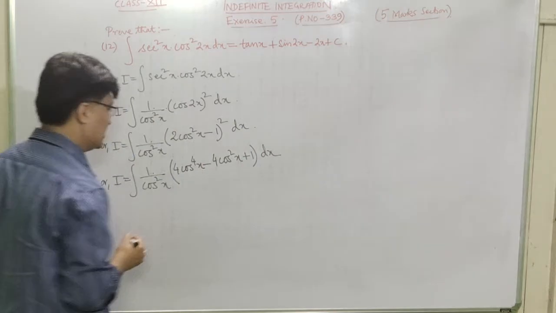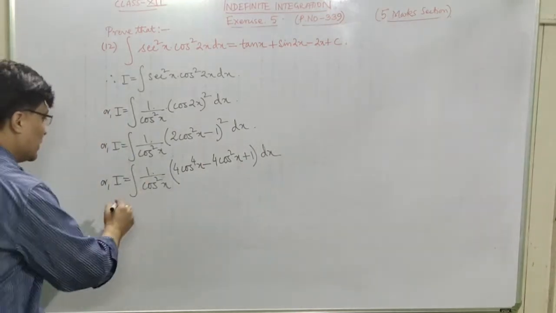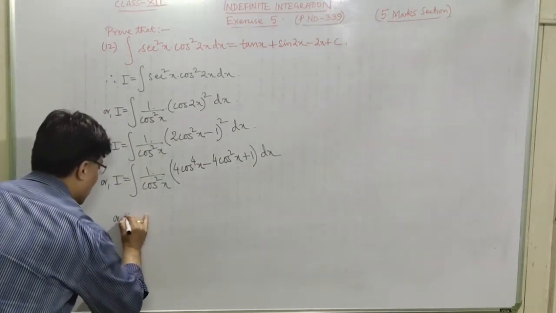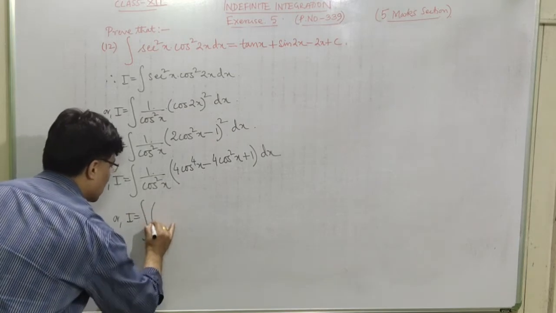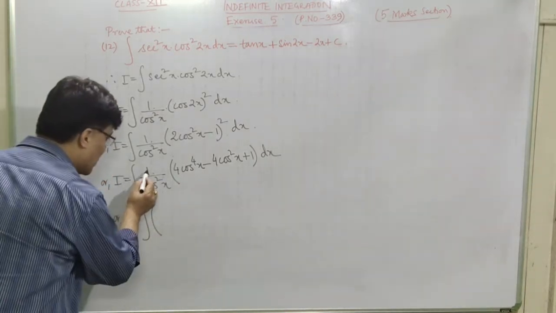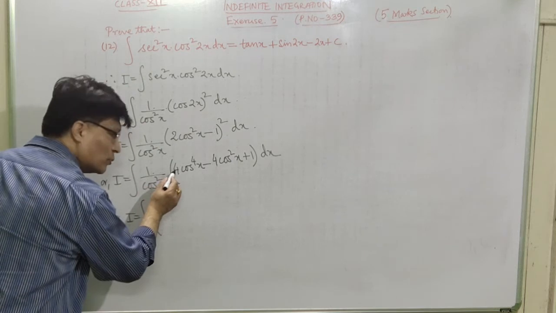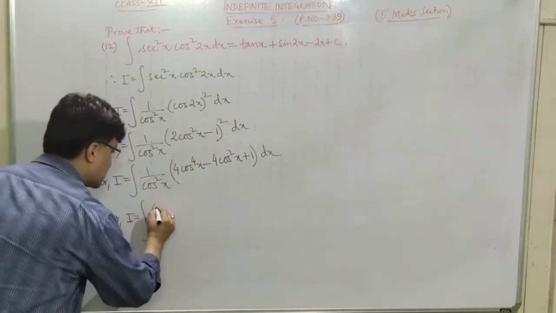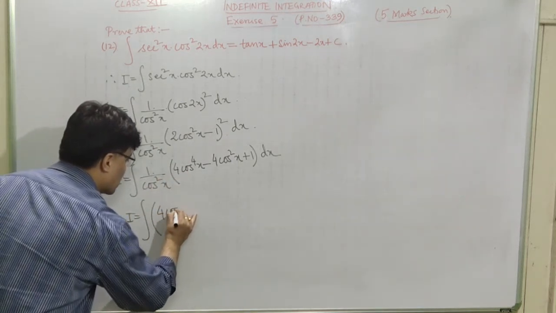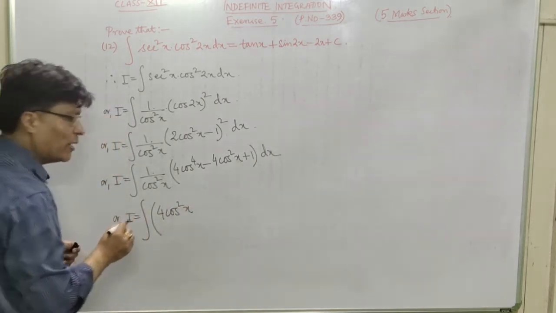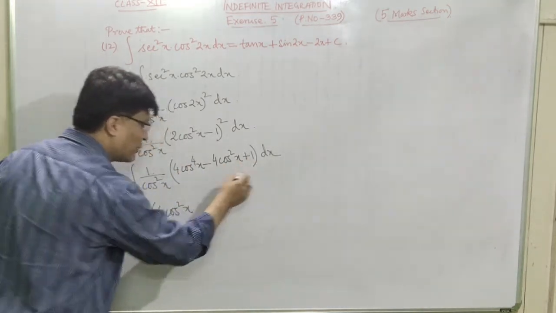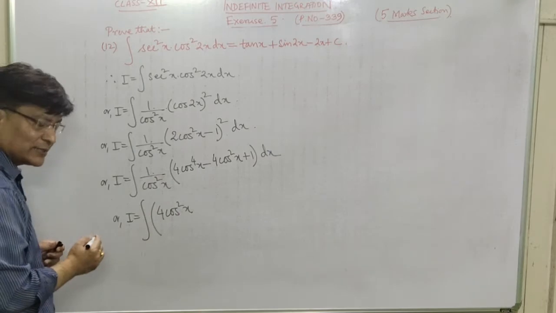Then you can write dx. So let us multiply it. I is equal to integration of, within bracket, let us multiply them. What is 1 by cos square x into 4 cos to the power 4x? It will be 4 cos square x. We are multiplying each term within bracket by 1 by cos square x.